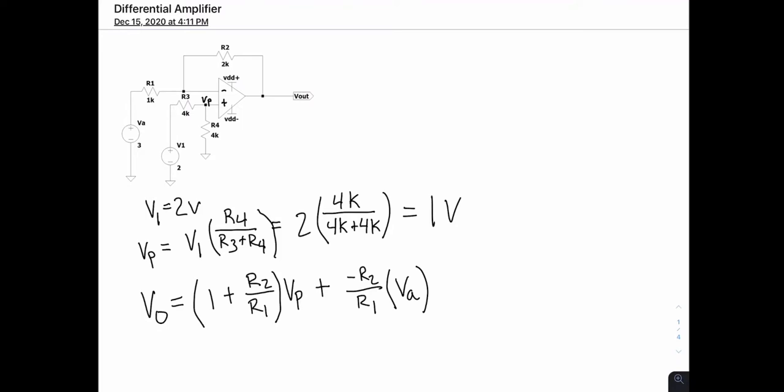Substituting everything in, we're going to have 1 plus 2K over 1K times 1 volt, which we determined before, plus negative 2K over 1K times 3 volts. This comes out to negative 3 volts.